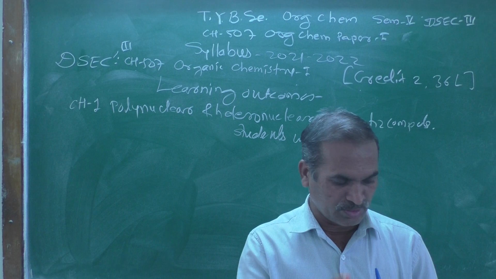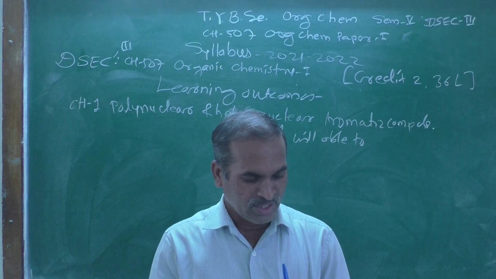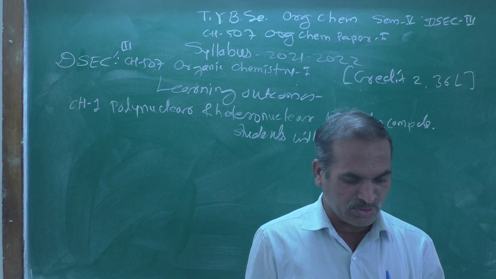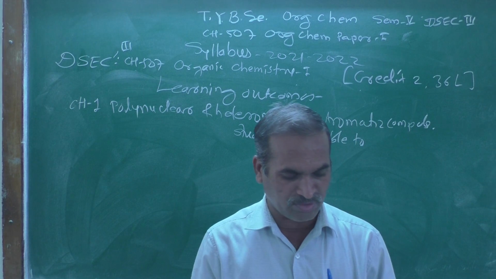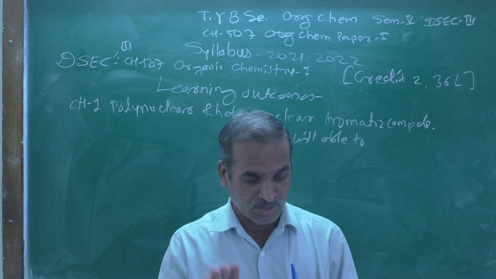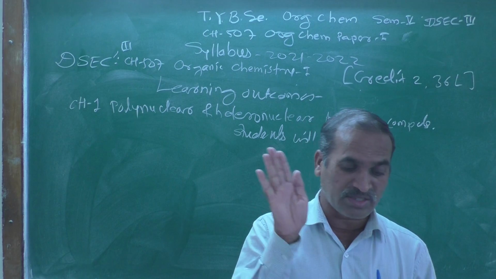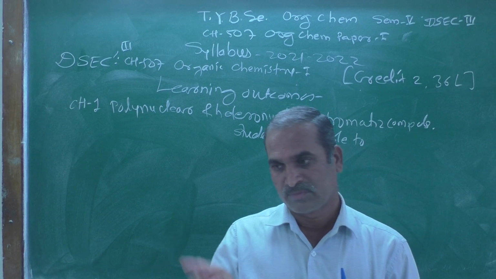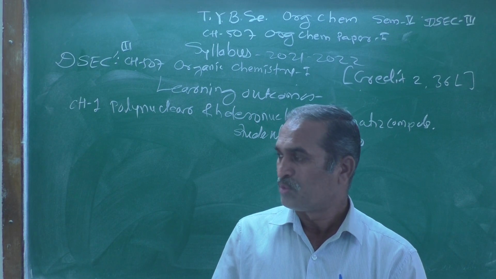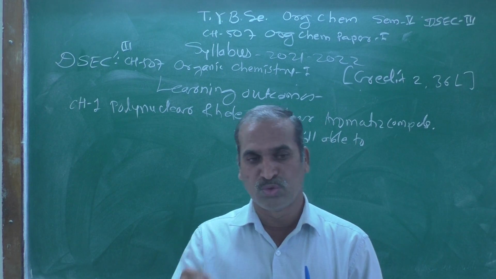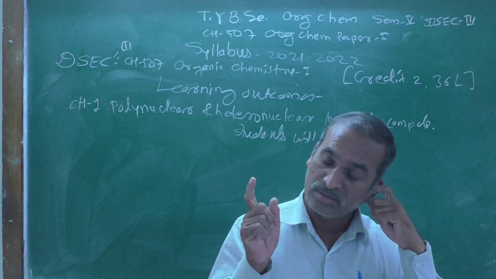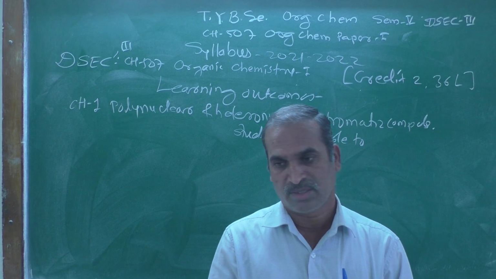Number 5, student will be able to describe the synthesis and chemical reactions of polynuclear and heteronuclear aromatic hydrocarbons. For example, in the case of naphthalene, what are the starting materials, and who synthesized it, which is known as the Haworth naphthalene synthesis.